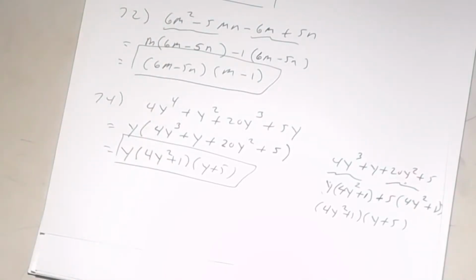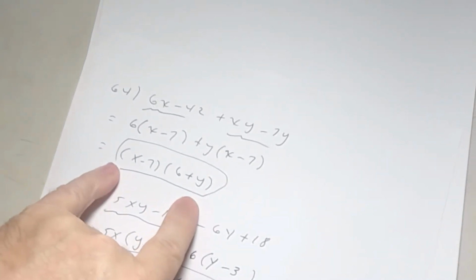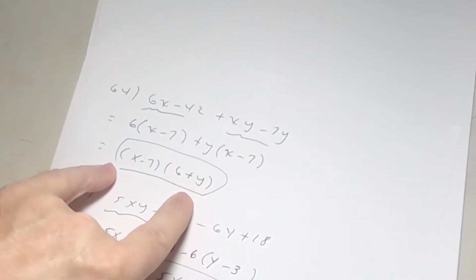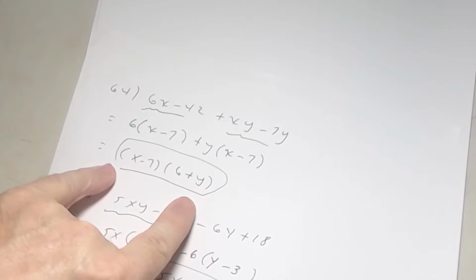So this answer had how many factors multiplied together? Come on. You have 4 in the parentheses, so you should have 4 in your answer. No. Let's listen to the question. How many factors, number 64, look at this answer. How many things are being multiplied together? 2.